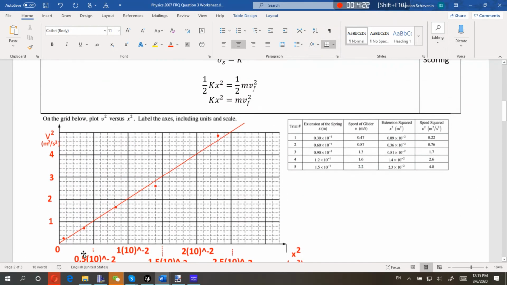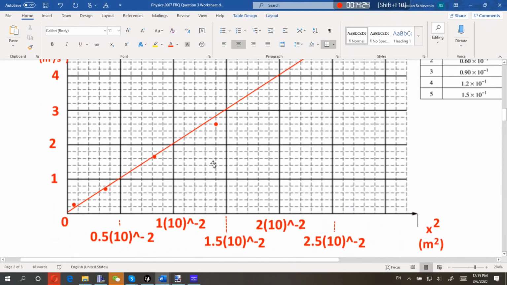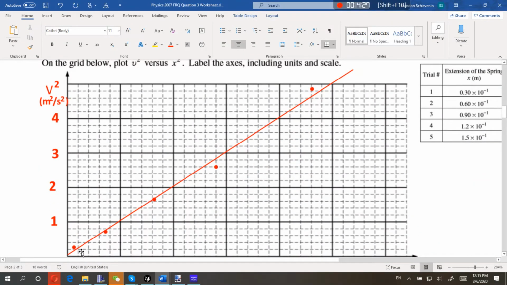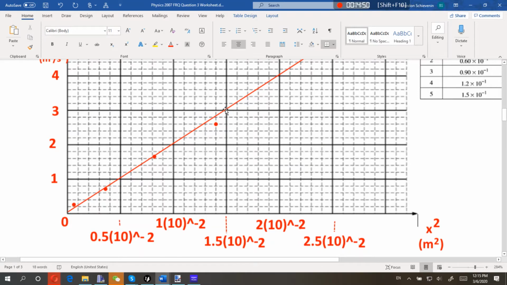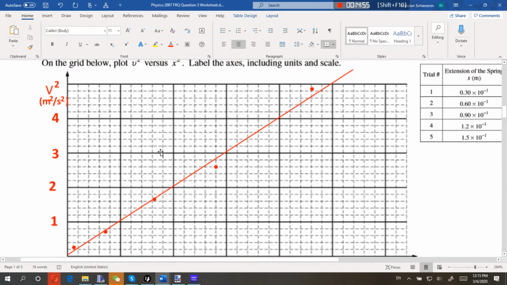So I need the slope of the line. So I'm going to look for any 2 points that are roughly on here. I think I'm going to go with... maybe we can use the third one. Third one. X squared is 3, and then 1.5 times 10 to the negative 2 and 3.